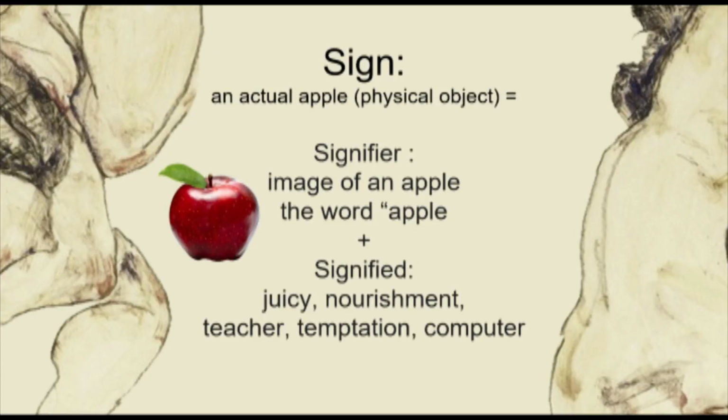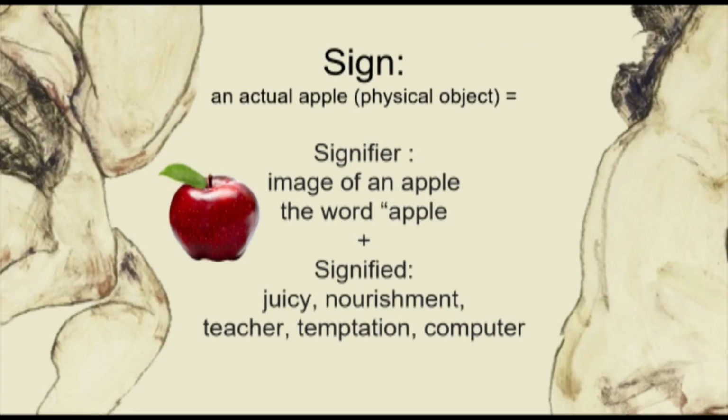If we're a Christian, we might think temptation or banishment from the garden. Here in 2018, we might sooner think of a computer. So you get the idea. What a sign means to a person is going to vary widely depending upon their context and experience. Basically, the world that they are coming from is what gives them the ability to make meaning out of something.